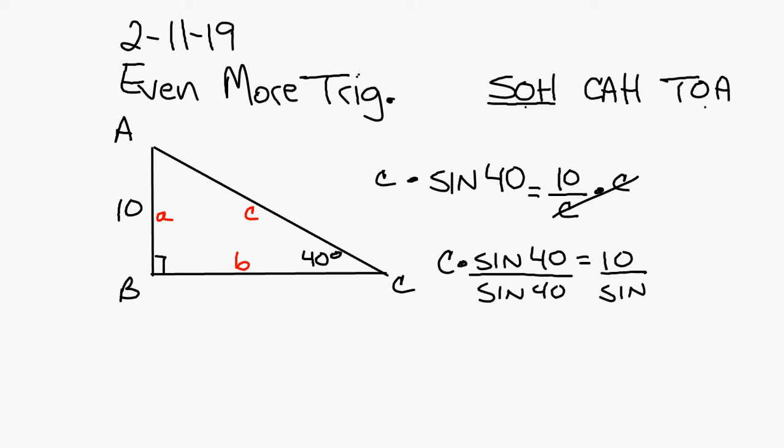The sine 40s on the left cancel, and your side C is equal to, in your calculator, 10 divided by, depending on which calculator you got, sine 40 or 40 sine. And it's 15.557.